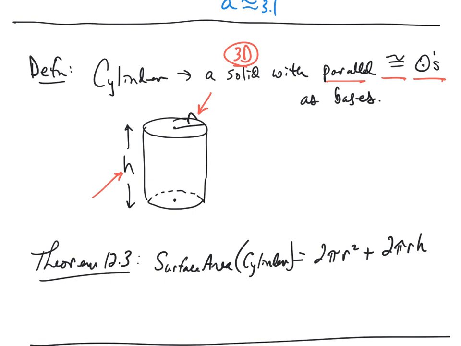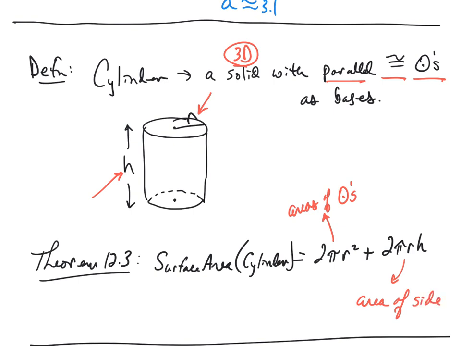And I'm just going to make two notations here around our theorem. The 2 pi r squared is going to be the areas of the bases. In fact, let's be more specific there. Let's call that instead the area of the circles. So 2 pi r squared is the area of the circles, and 2 pi rh is going to be the area of the side.